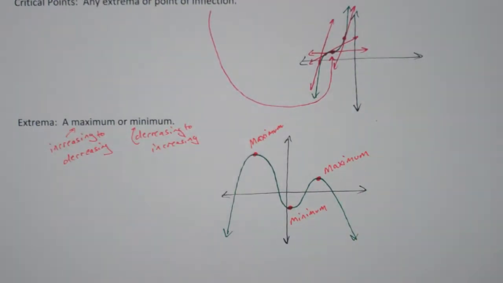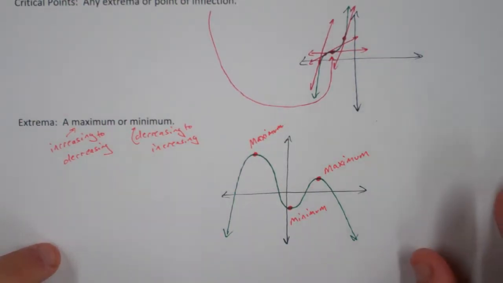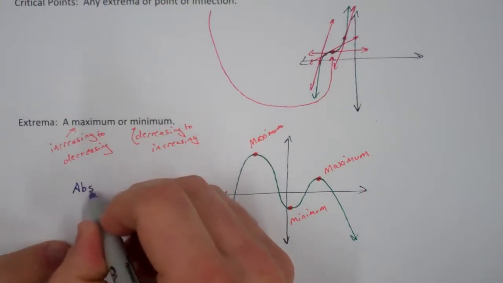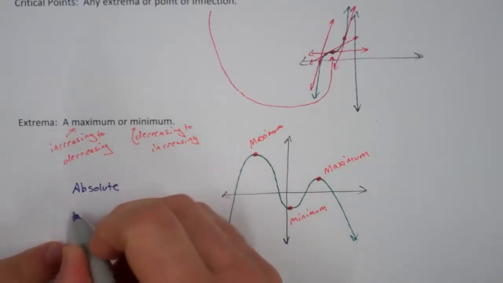There are two words that we need to write down though when we describe maxes or mins, and you'll see this differently given which textbook you're looking at or what you're looking at online. So I'll give you both. One way to describe this is absolute and relative.